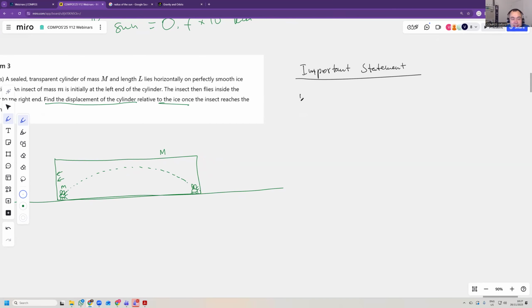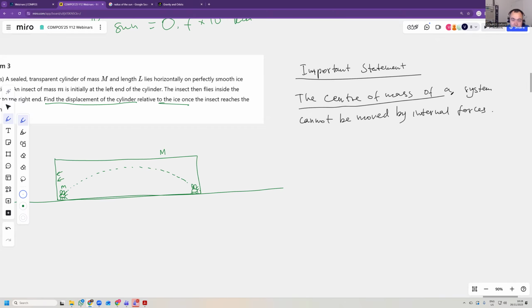Important statement: the center of mass of a system cannot be moved by internal forces.